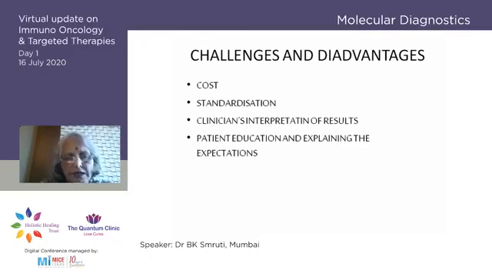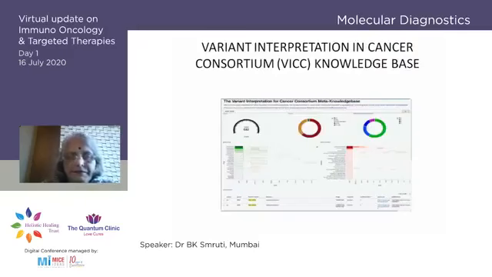And of course, the patient education, because when you talk of such sophisticated techniques, the patient's aspirations are extremely high, and one should explain, especially in the later lines metastatic setting, that it has limited value, and after spending that much, they may not get a targeted drug. And one must also explain the implications if in the somatic mutations you do find some mutations which are relevant for the hereditary panel. Next slide. And this is one of the knowledge base tools which is available to clinicians to actually interpret these results.